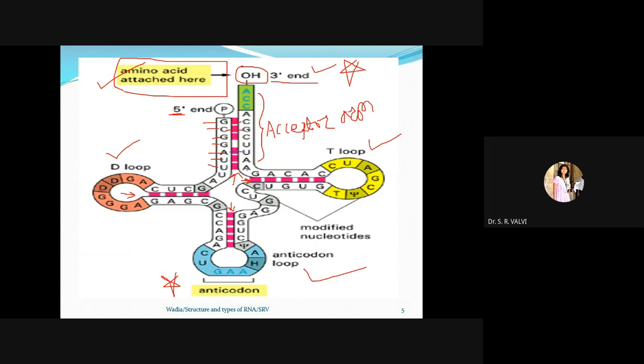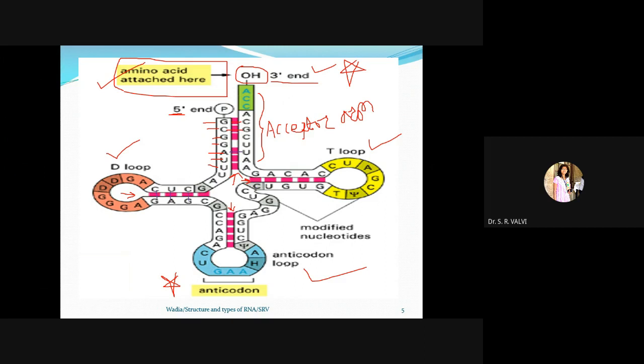In RNA, thymine is absent. Uracil is present, so A binds with U with two hydrogen bonds. C binds with G. Again, A binds over here in the D loop. Likewise, these are the nitrogenous bases which are joined together. So this is the particular structure.